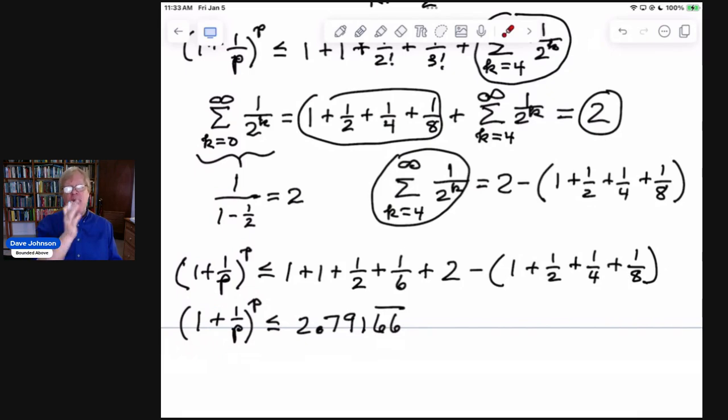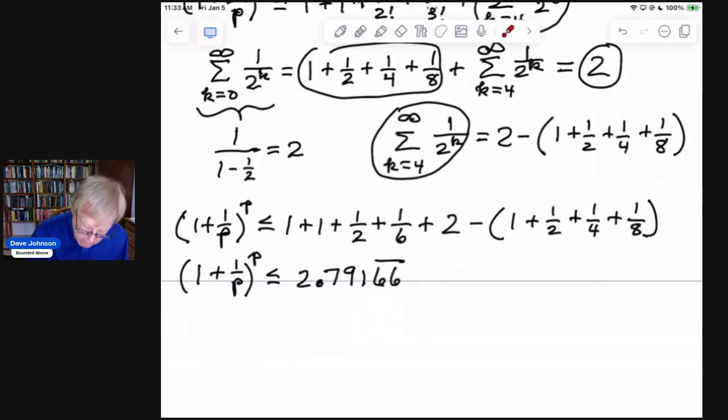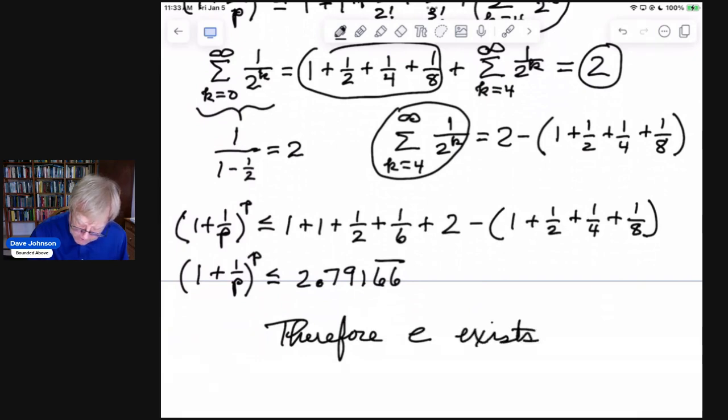And when you combine that bounded above with monotonically increasing, which means that it's always increasing, you get that the limit for e exists. And so we have proven, therefore, e exists.